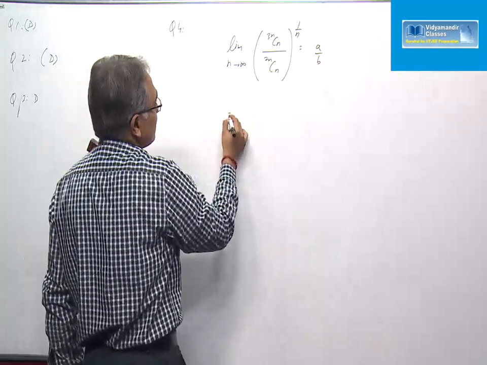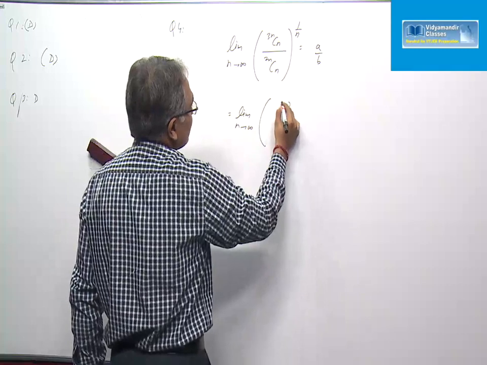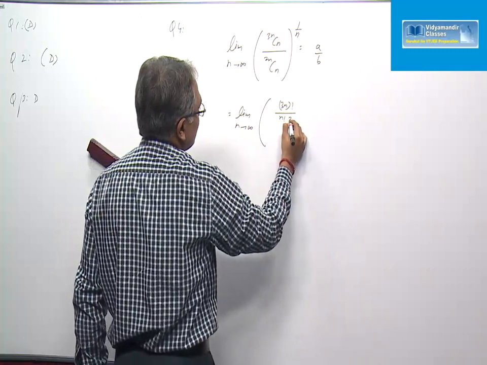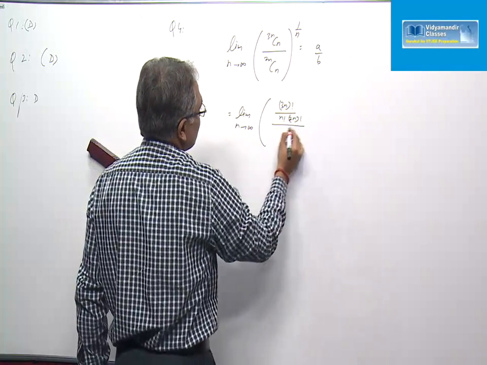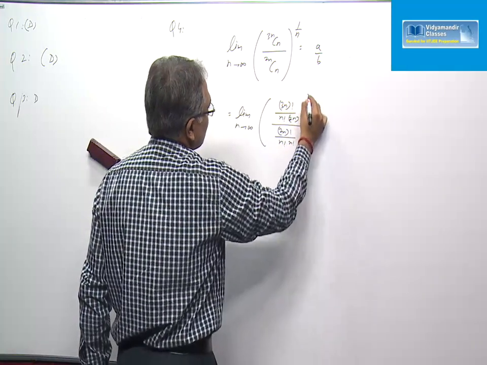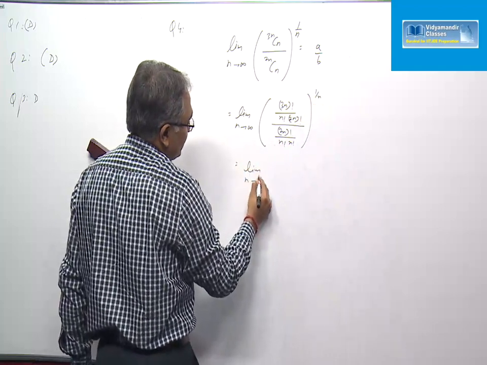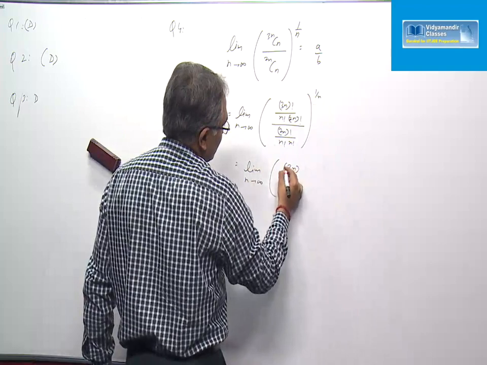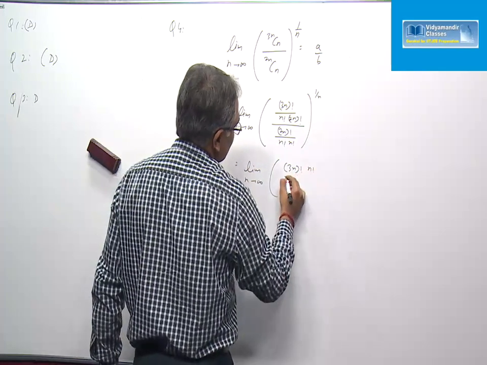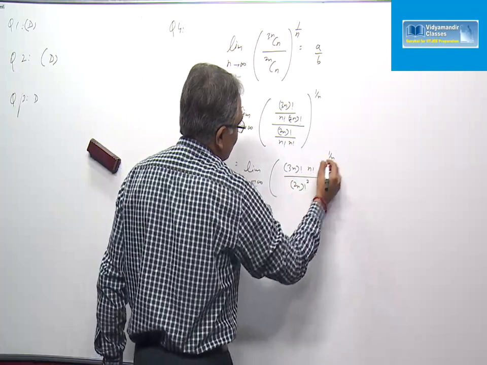Now this will be equal to the limit as n approaches infinity of (3n factorial over n factorial 2n factorial divided by 2n factorial over n factorial) to the power 1 over n, which is equivalent to the limit of (3n factorial times n factorial over (2n factorial) squared) to the power 1 upon n.